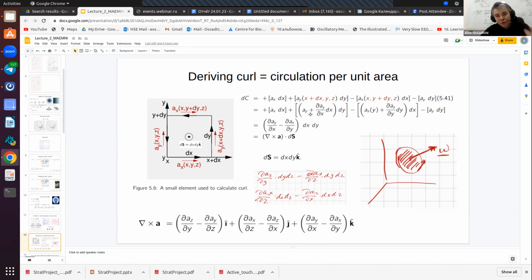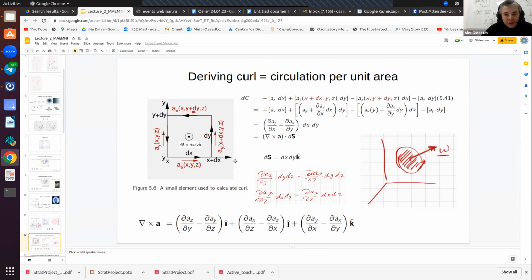If we are interested in circulation with respect to the unit area, then we have to technically divide by dx dy, or just take something which is next to it. You don't have to divide, but if you divide, you'll get this. So this guy, this difference of the two derivatives, is something that quantifies the amount of rotation in the xy plane.